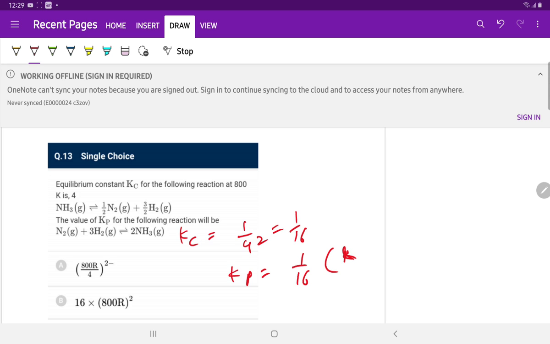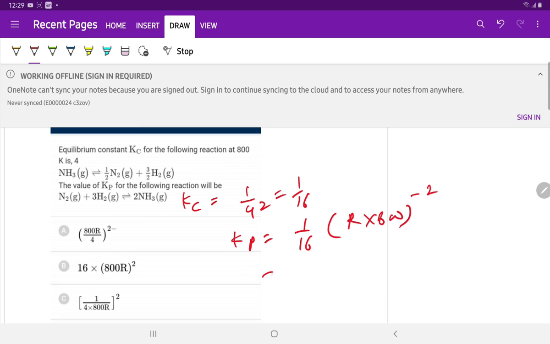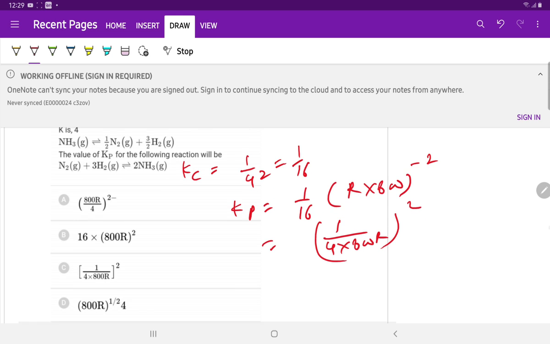Temperature is 800, so R into 800. Delta n of gas is 2 minus 4, which is minus 2. So 1 divided by 4 into (800 R) square. So the answer is C.